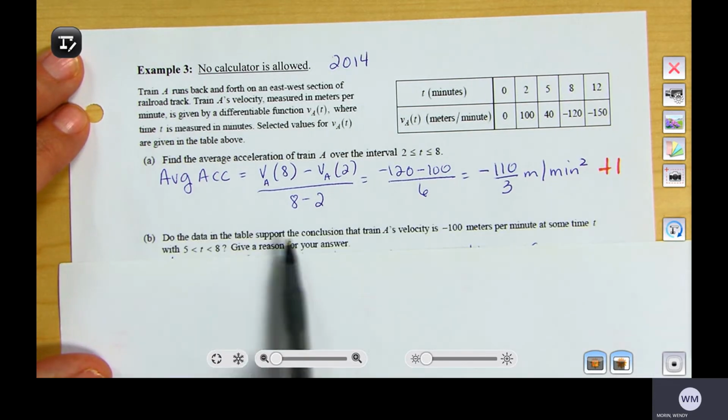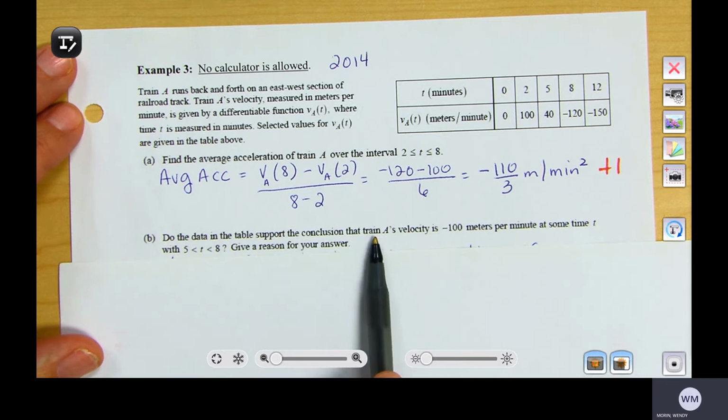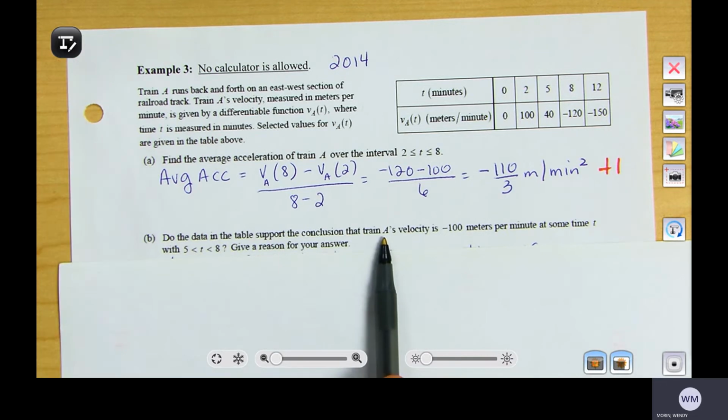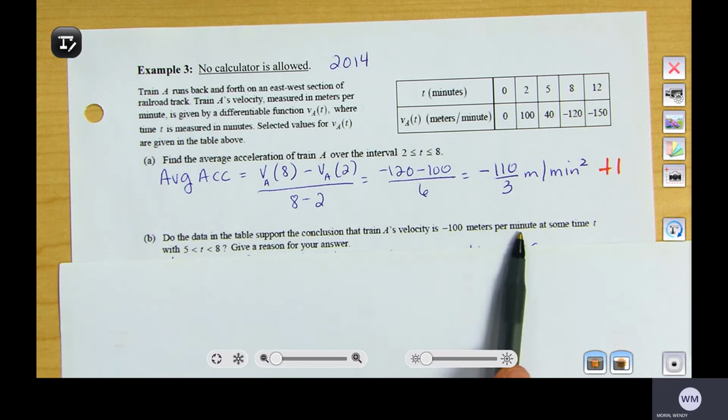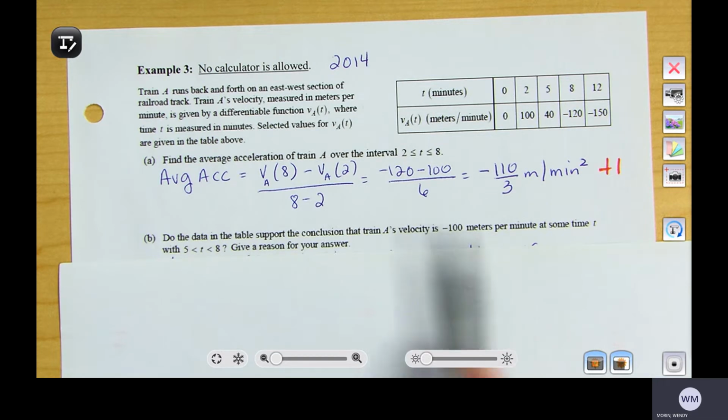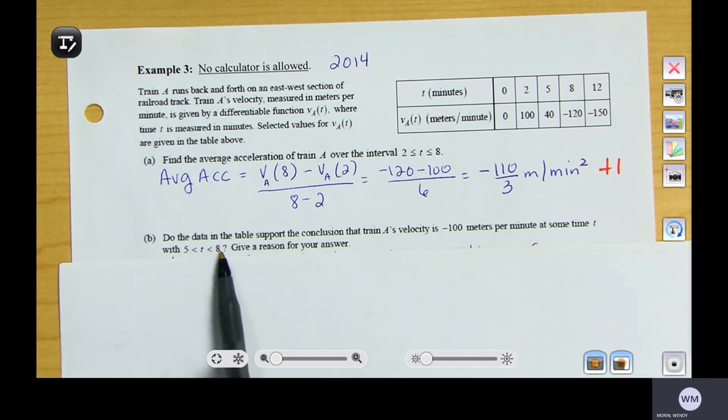Okay. Do the data in the table support the conclusion that train A's velocity is negative 100 meters per minute at some time t between 5 and 8? What does that sound like?